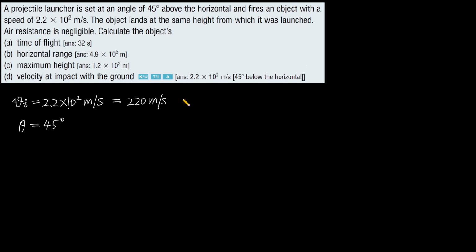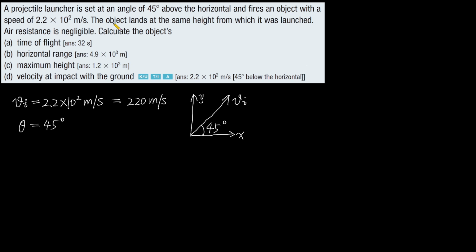So I draw the initial velocity here. This direction is the positive y direction. This direction is the positive x direction. And this is just the initial velocity. And the angle between the direction of the initial velocity and the horizontal line is 45 degrees.